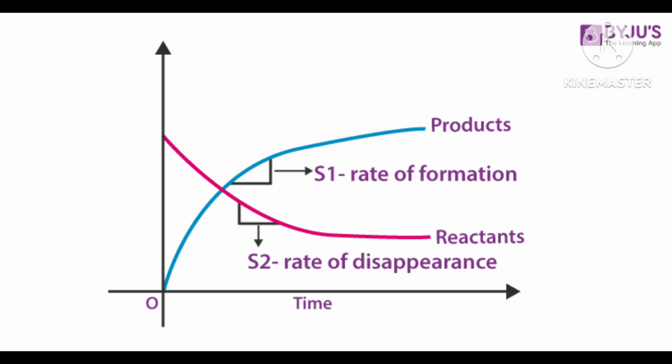Then how will you determine the rate? How will you understand the rate of the chemical reaction? For that you have to understand one term that I have already discussed, that is concentration. Generally reaction takes place in liquid form.